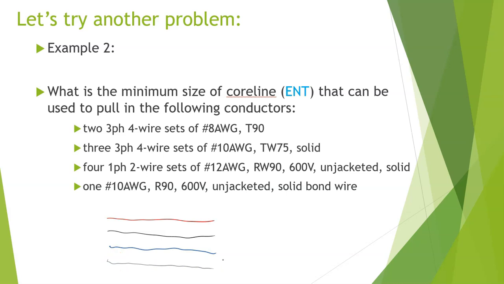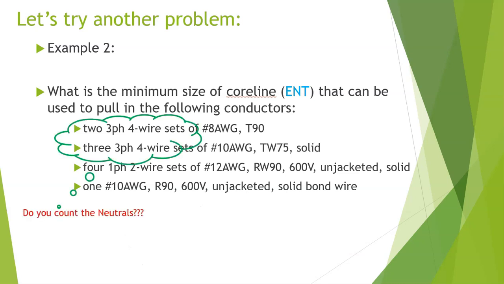So the reality is, when we consider a 3-phase 4-wire set, you've got to keep in mind that you're then talking about 4 conductors per. Okay? So be very diligent when you're reading questions to make sure that you're understanding the full scope of what they're actually telling you.